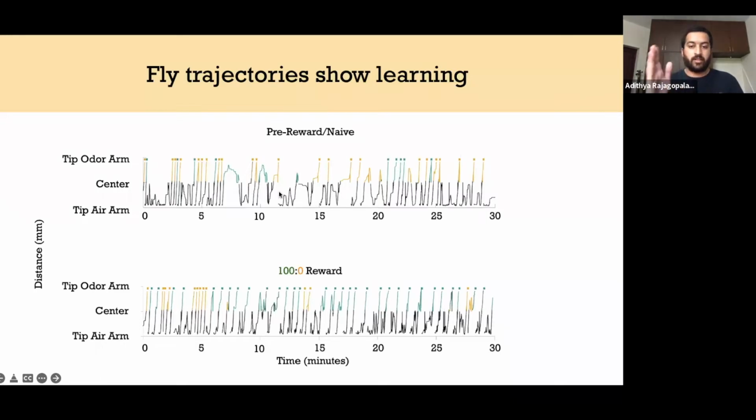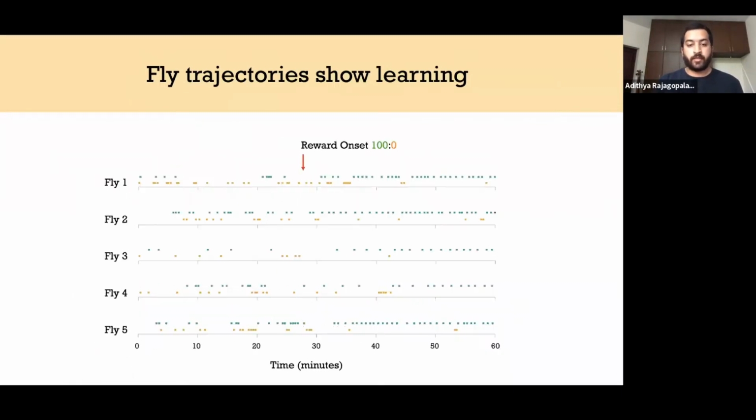The choices are not very consistent. But then immediately after, when we switch over to rewarding the green option, after a little bit of a lag, it starts to very consistently choose the green option, suggesting that flies can in fact associate stimulus and reward in this Y arena.